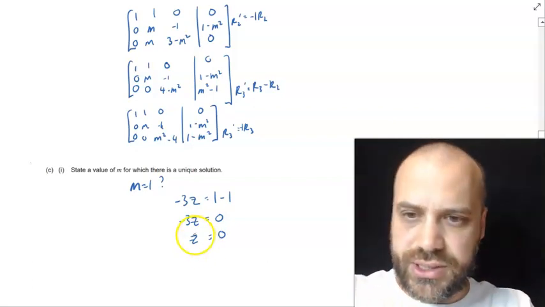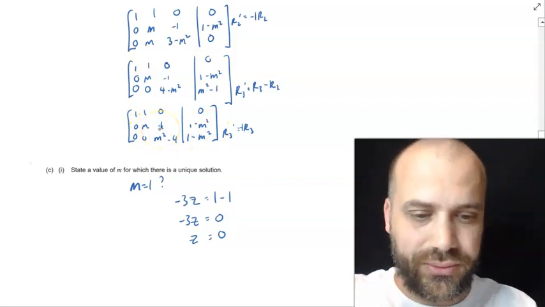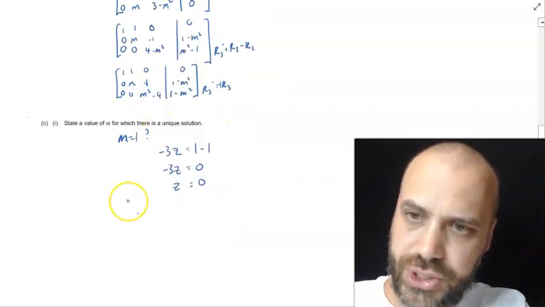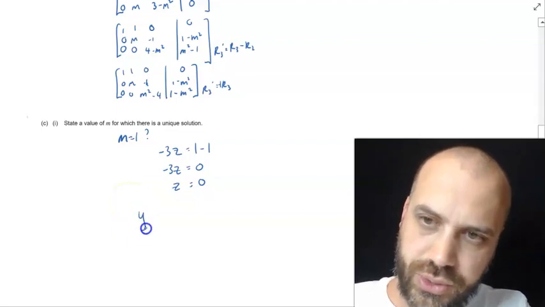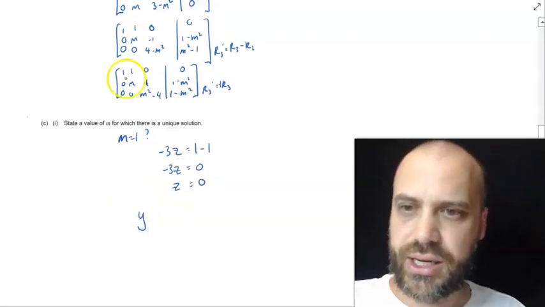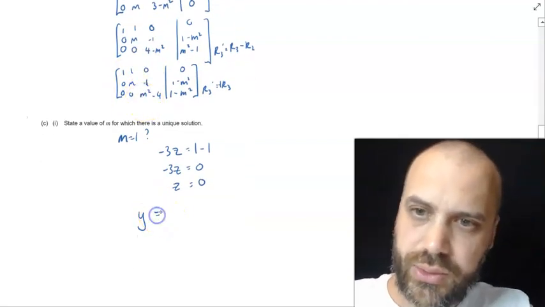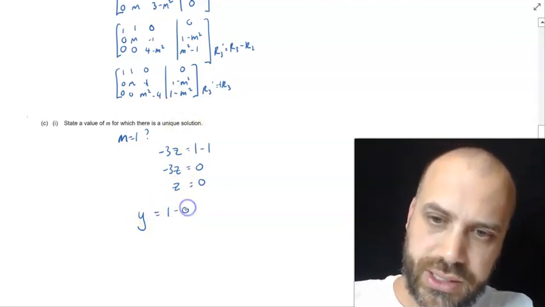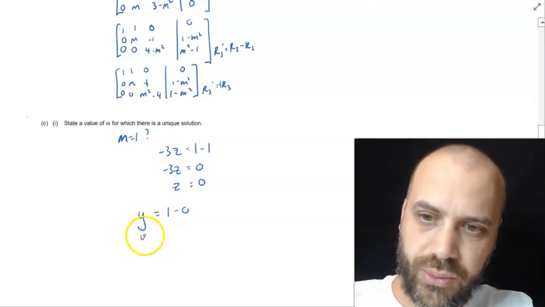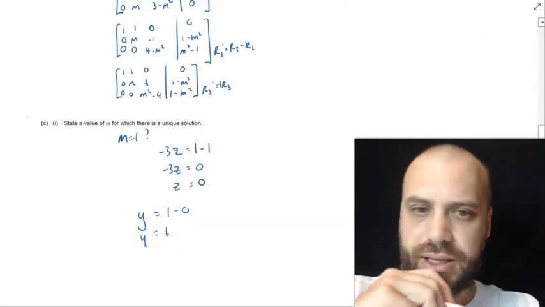If I sub that into this next line, so I've got an M, which again we said was 1, so we've got 1y, which is just y. We've got a negative 1z, but our z is 0 here now. So y equals 1 minus M squared, 1 minus 0, which means that y is equal to 1. Okay, that's fine.